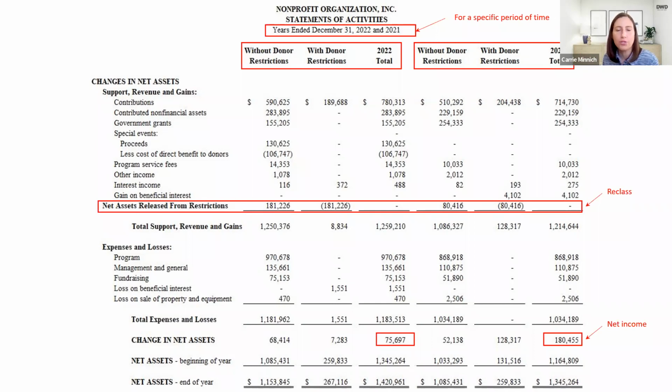Also, you do have some flexibility as to what you report on these statements. For example, contributions, government grants, you want to separate those out so the reader clearly understands the different types of revenue that you get. But for example, you get a lot of foundation contributions, but then you also get a lot of corporate contributions, and your reader wants to see that.